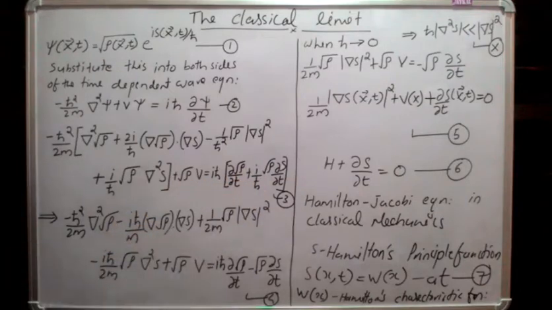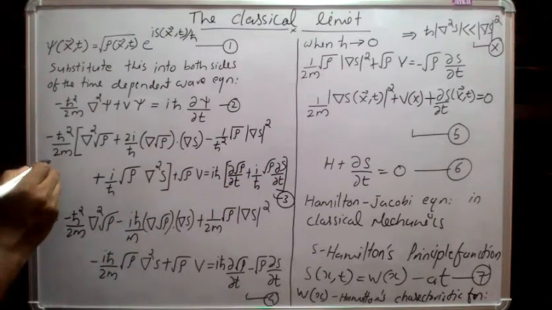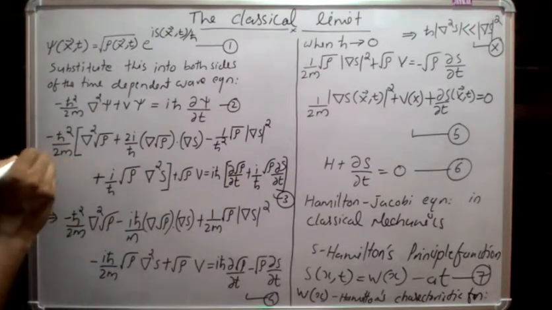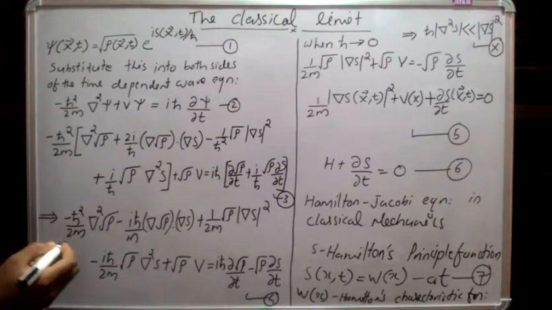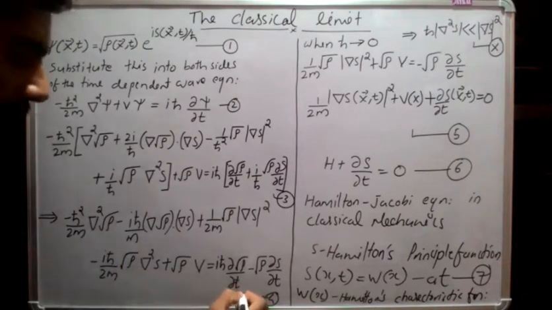That is equation 3. When we multiply the term outside the bracket, minus h bar squared over 2m, into the terms inside the bracket, we will get equation 4.